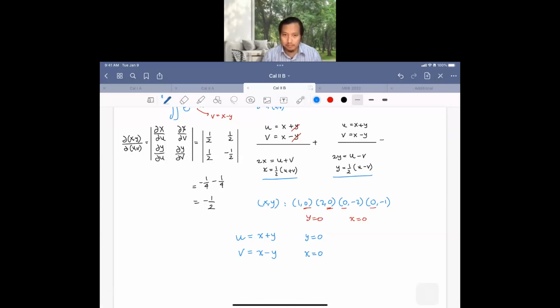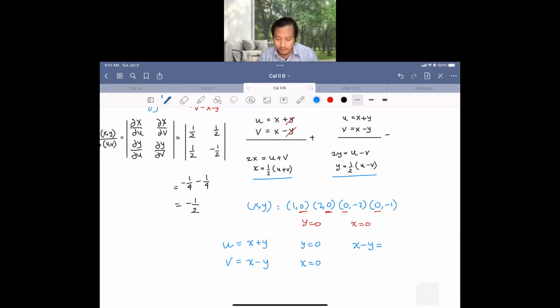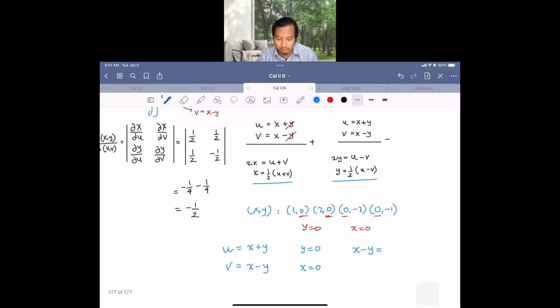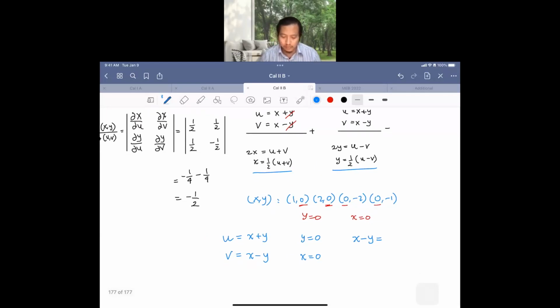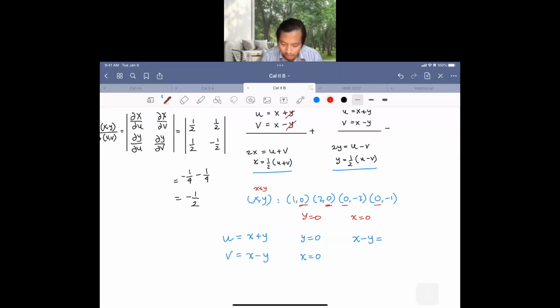Now, based on what we have, let me calculate here x plus y and x minus y.